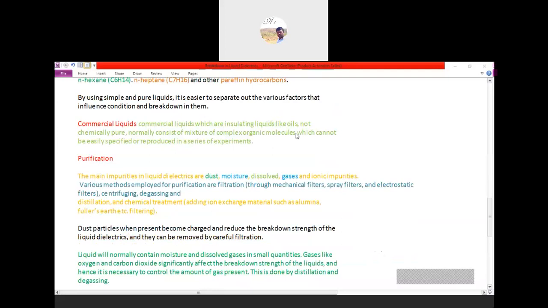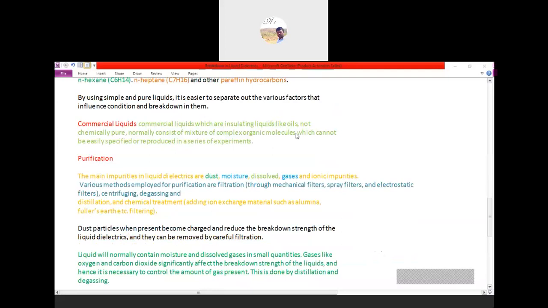There are two types of liquids: pure liquids and commercial liquids. Let me see what they are.